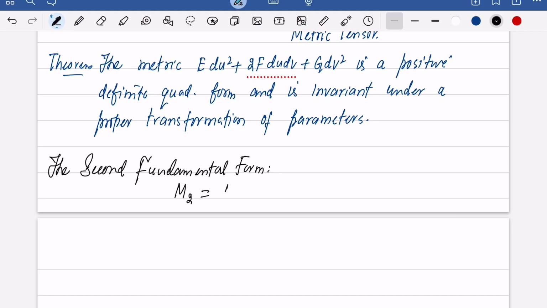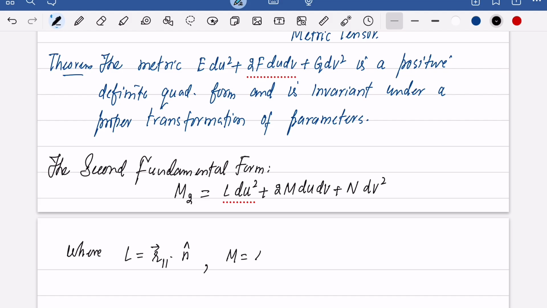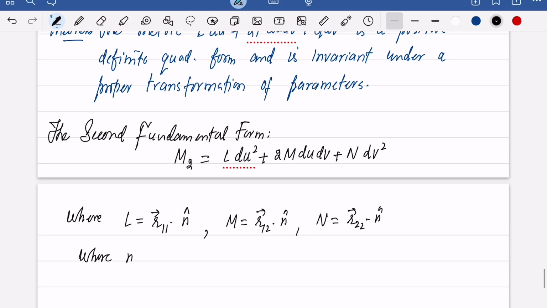This is equal to L du square plus twice M du dv plus N dv square, where L is defined as R11 dot n, where n is a unit vector perpendicular to the surface at a point, and similarly M is equal to R12 dot the unit normal vector n, and N is defined as R22 dot n, where n is the unit normal vector.